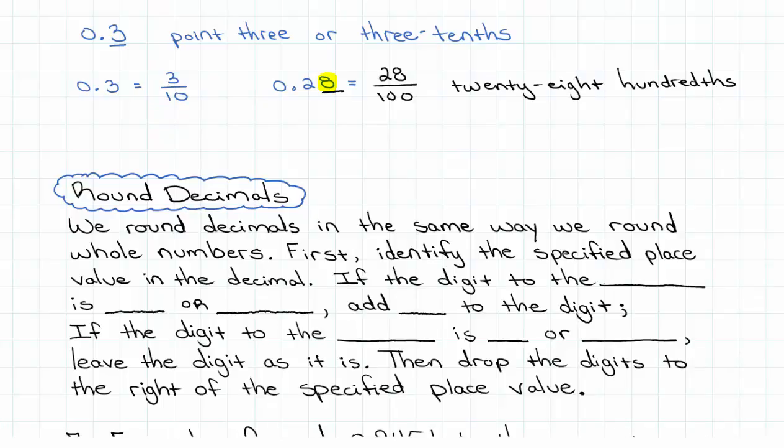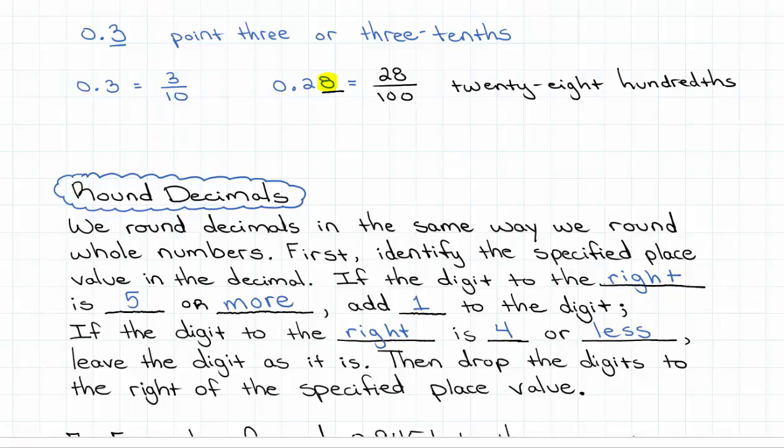If the digit to the right is 5 or more, add 1 to the digit. If the digit to the right is 4 or less, leave the digit as it is, then drop the digits to the right of the specified place value.